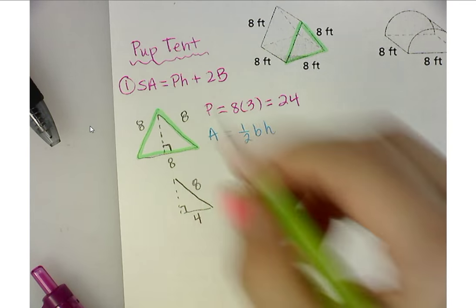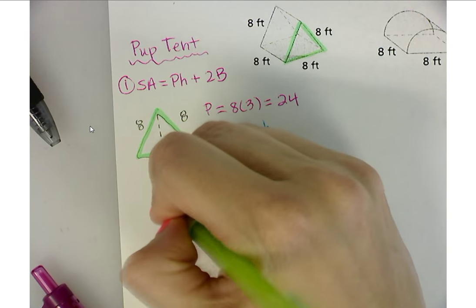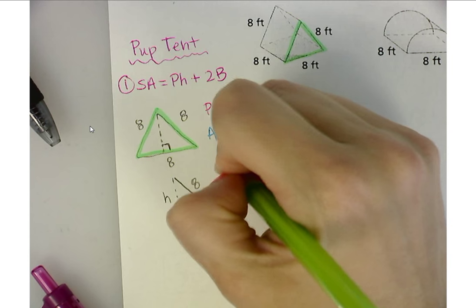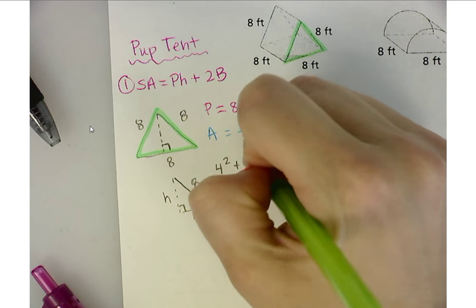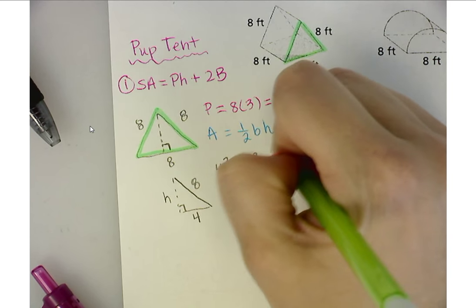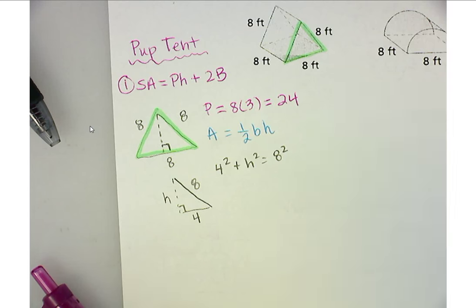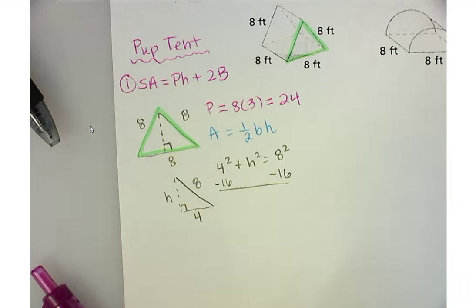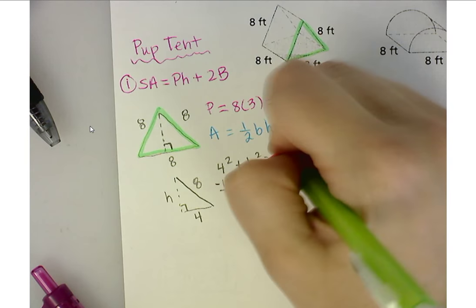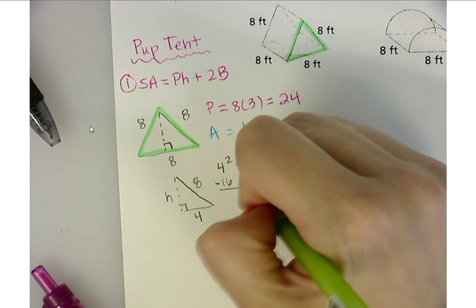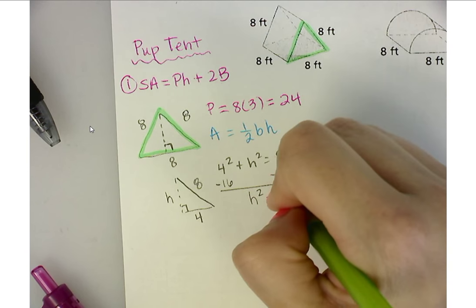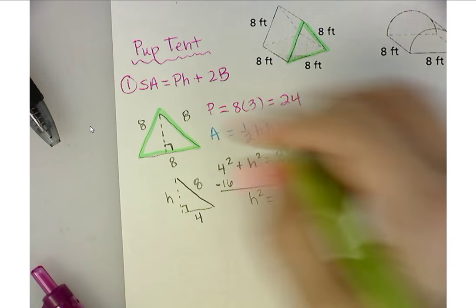Okay, so if I set this up with h, remember the hypotenuse is the c value. So this will be 4 squared plus h squared equals 8 squared. And 4 squared is 16, so I'm going to subtract 16 from both sides. 8 squared I know is 64, so 64 minus 16 is going to be 48.